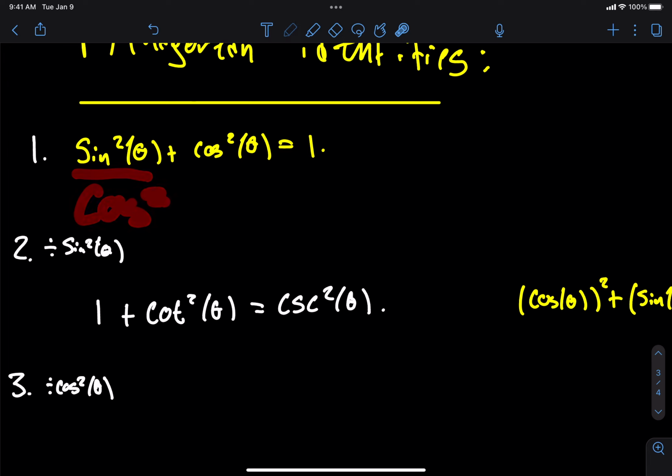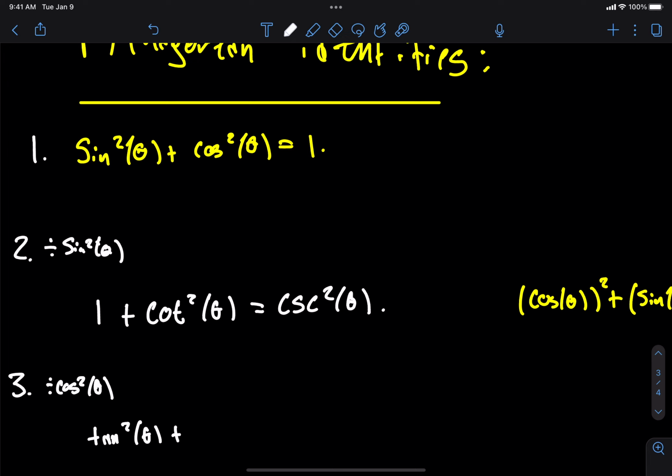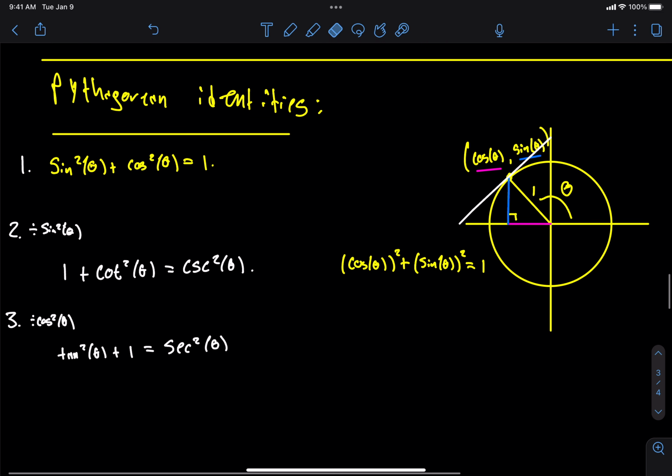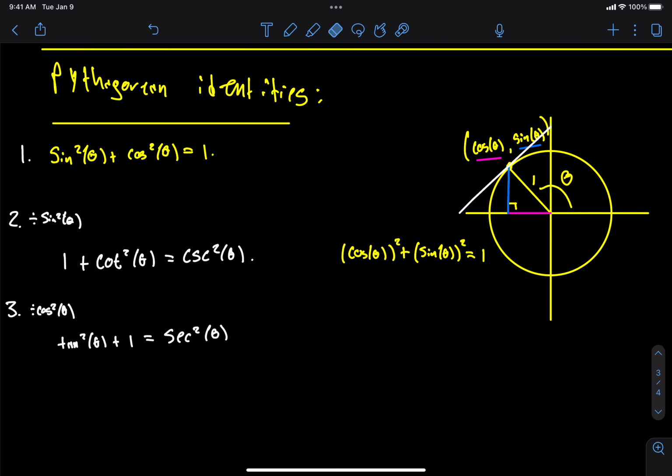Tangent squared. Yes. So you get tan squared theta plus cosine squared over cosine squared, which is 1, equals 1 over cosine squared, which is secant squared theta. Okay. So these are the 3 Pythagorean identities.